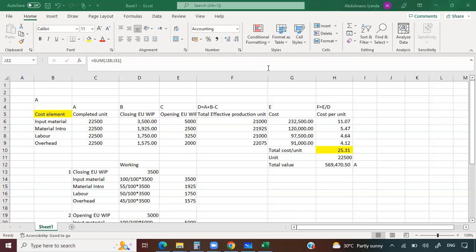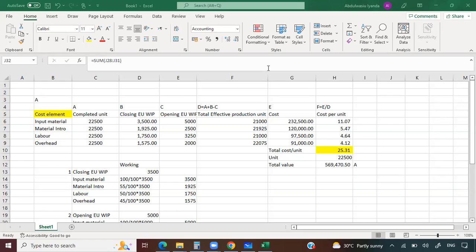So what about the variable cost? Yes, variable cost is also there. You can have variable overhead as well, and variable production cost, if you are using marginal costing. If I'm using marginal costing, my production cost is the total variable cost.